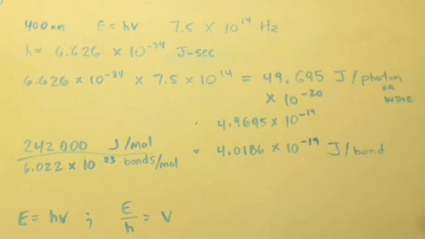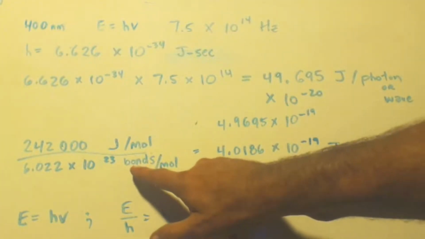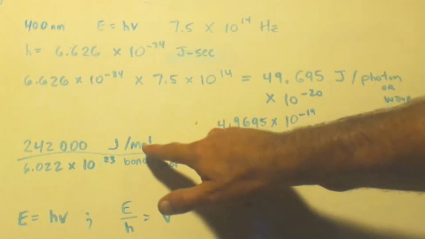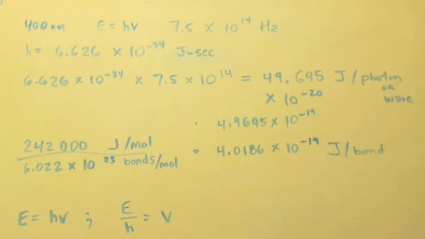I looked online, I got this number here, and that tells you how much. They're called bond dissociation energy charts, and I looked up a benzyl. You can't just look, or no, I looked up chlorine-chlorine, a chlorine-chlorine bond, and this is what it said. Now, I just want to know how much it is for one bond, not a mole, right? So how many bonds are in a mole?